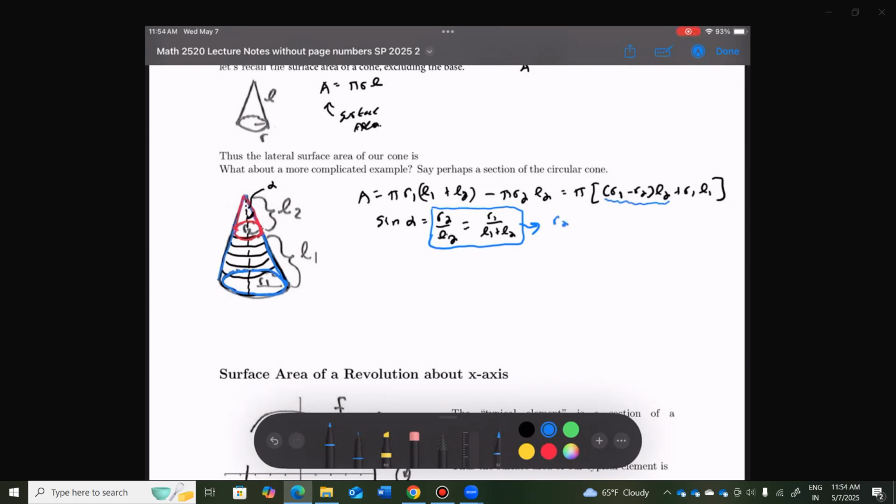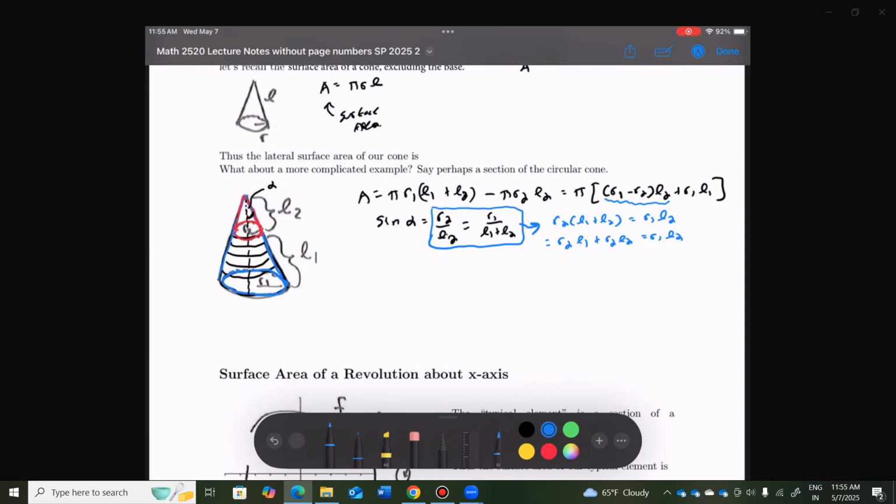r2 (L1 plus L2) equals r1 L2, and then distribute: r2 L1 plus r2 L2 equals r1 L2. Then we're going to pull out L2, so we have to get the L2s together.